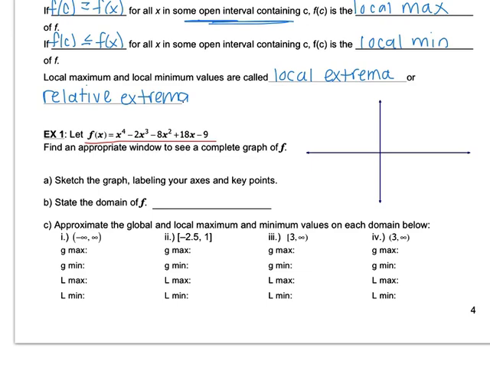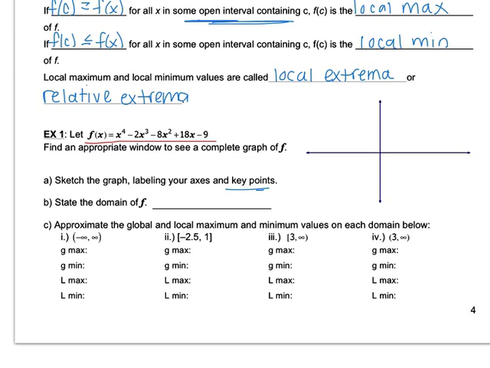Okay, once you have that graph on your calculator, you can go ahead and sketch the graph on the notes with all of the key points. So the key points are all of the maxes, mins, and intercepts.